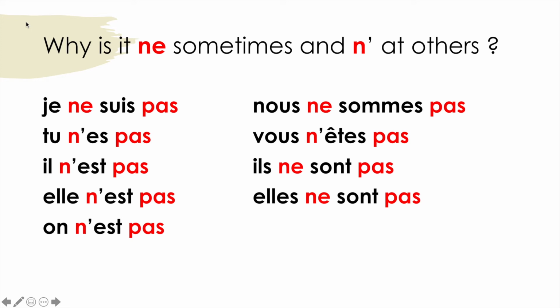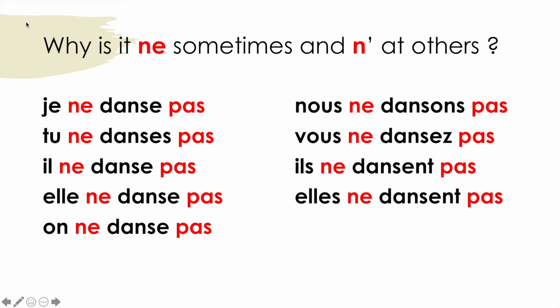So let's look at this. We have learned the verb être. And if you look here, we've got the verb être conjugated, but everything's negative. Je ne suis pas, tu n'es pas, il n'est pas, elle n'est pas, on n'est pas. Nous ne sommes pas, vous n'êtes pas, ils ne sont pas, elles ne sont pas. Some of the time we have ne, and some of the time we have an apostrophe. Let's look at a different verb. The verb danser means, you guessed it, to dance.